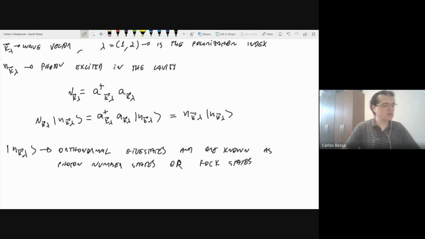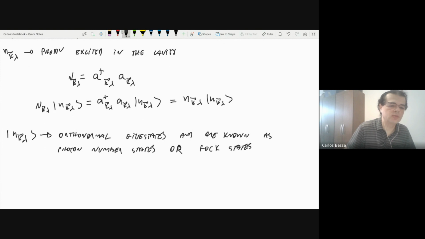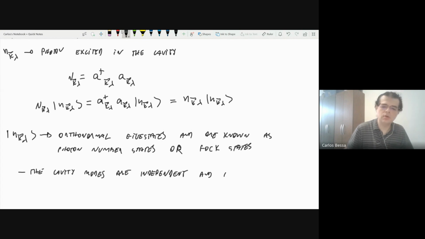Because the cavity modes are independent, their associated operators commute.